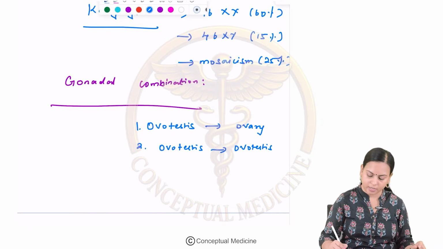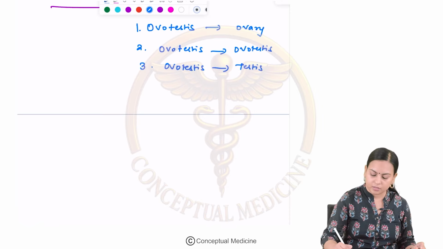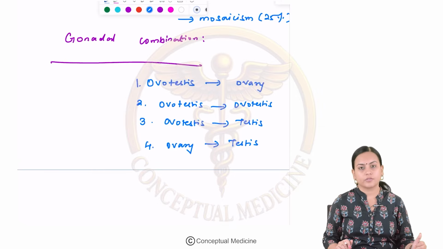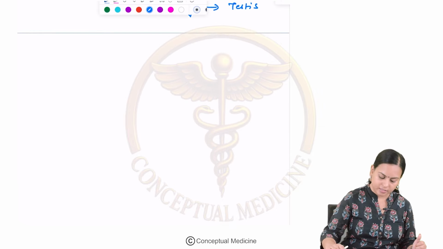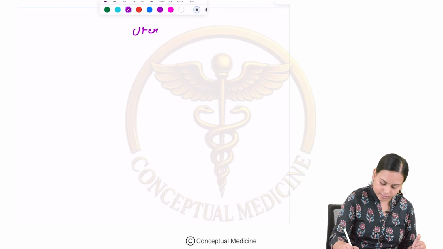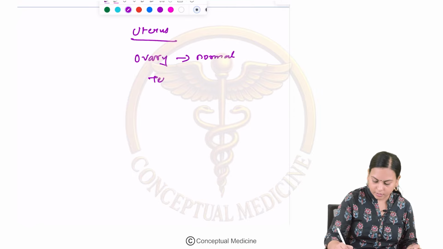And the third combination is a normal ovary on one side and a normal testis on the other side. So these are the various gonadal combinations in ovotesticular disorder of sexual differentiation. Clear? Right. In most of the people, the uterus is seen and the ovary is normal, whereas the testis is dysgenetic.